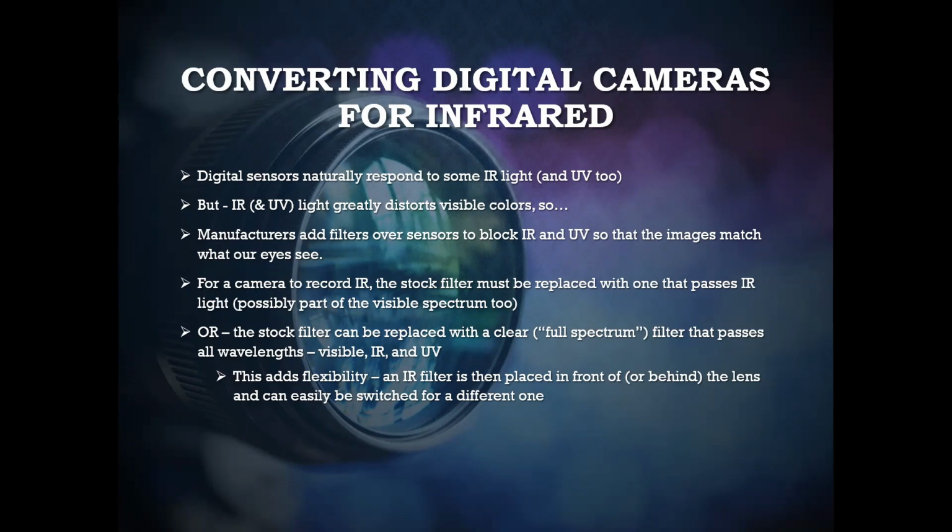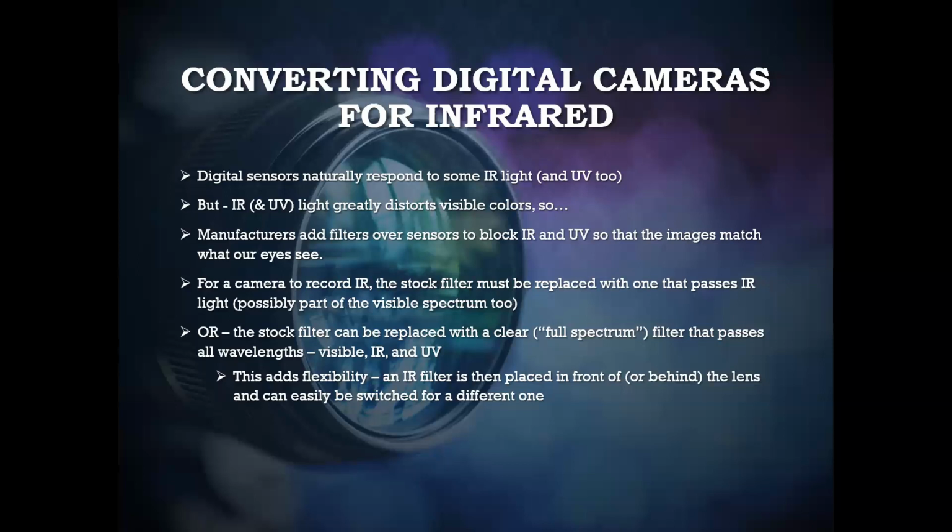You can also have it converted to what they call the full spectrum filter, which means it's clear. It passes all of the light that your sensor is capable of recording, and that is flexible because you can then use different cutoff wavelengths with that camera.